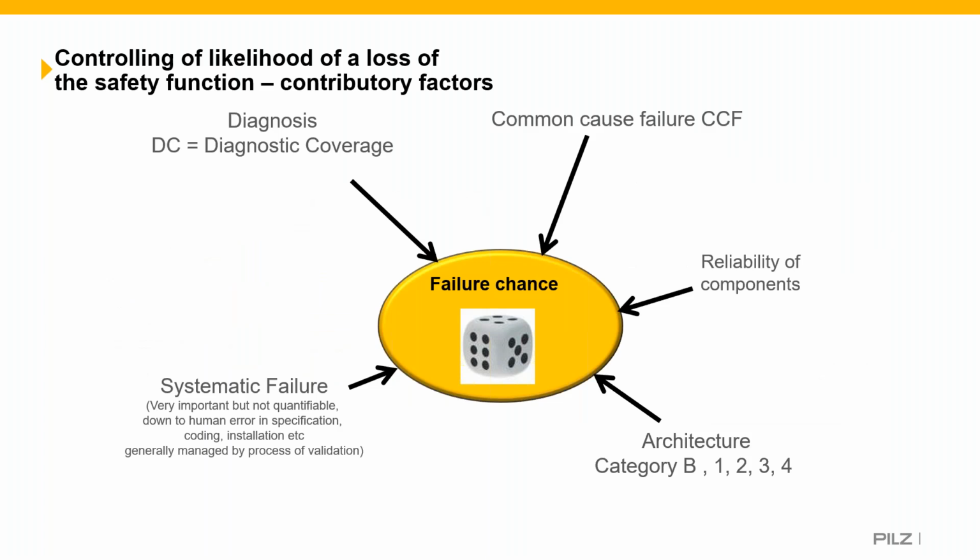To achieve the performance level, there are a number of factors. So the total probability of failure is not attributed to just one part of the system, and all these factors need to be considered. This slide basically demonstrates the chance of a dangerous failure is not only based on the reliability of one component, but it depends upon the total loop.